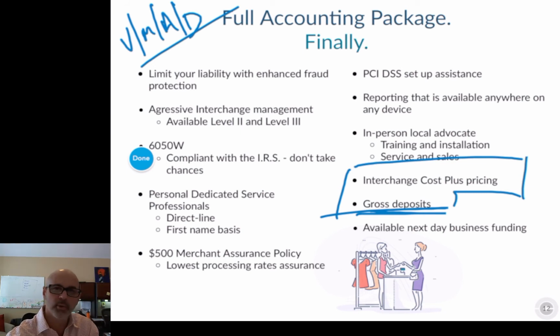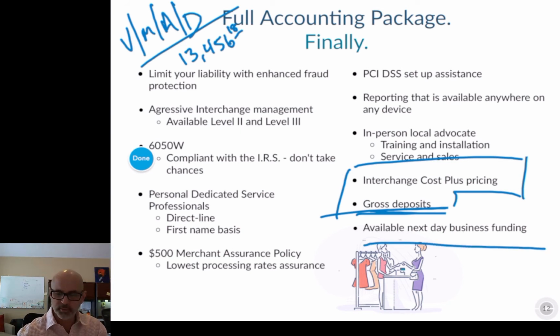So we wanted to create a program where, let's say you process $13,456.18 for the day, if you meet our cutoff time, which is 11 p.m., we don't care if it's a Visa, a MasterCard, an American Express, or Discover. We deposit all of your funds the following morning. Does that make sense? Fantastic.